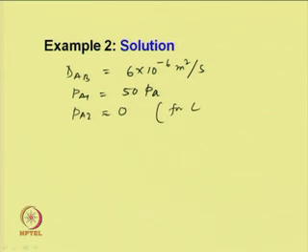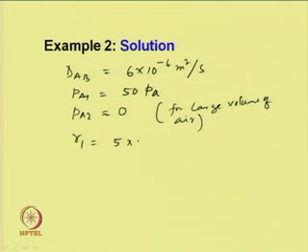And R 1 is given as 5 millimeter, which is 5 into 10 to the power minus 3 meter, and R is known to us.